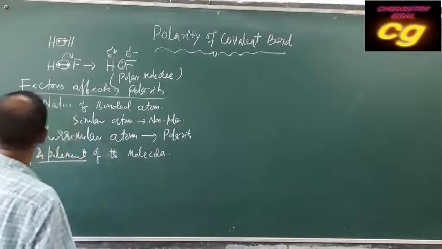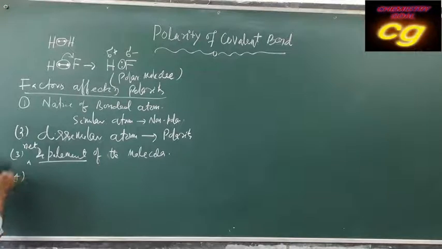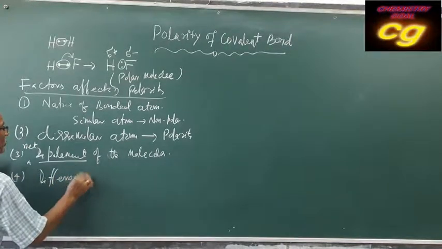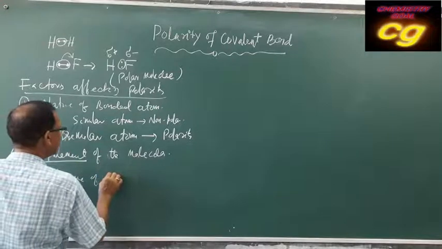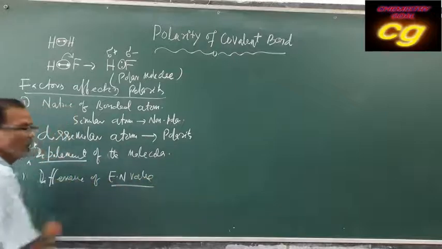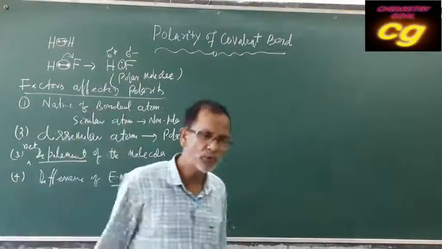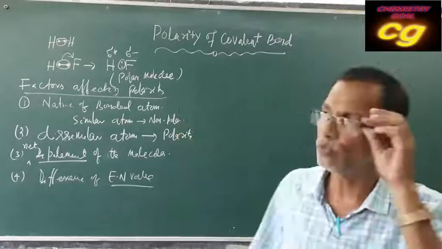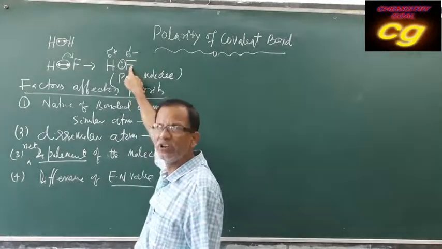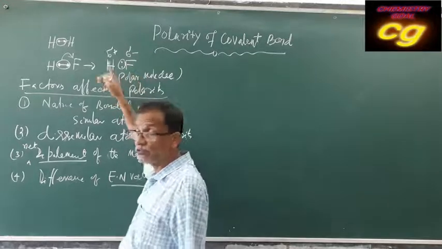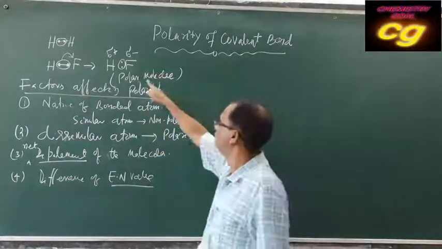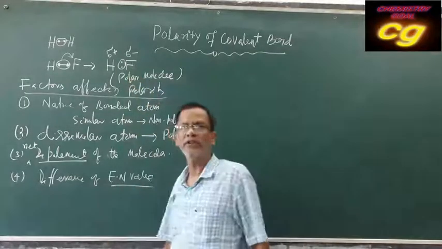Another factor is the difference in electronegativity value. If the electronegativity difference is more, then polarity will be more. For example, in HF, fluorine has a very high electronegativity value compared to hydrogen. That's why HF is highly polar, because fluorine is much more electronegative than hydrogen.